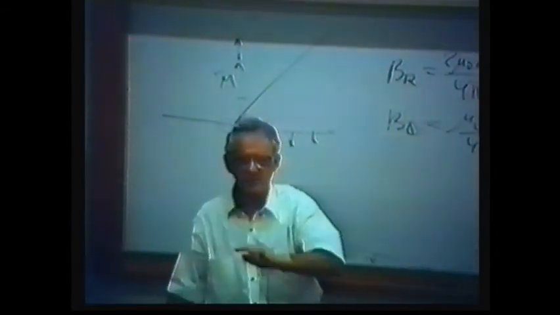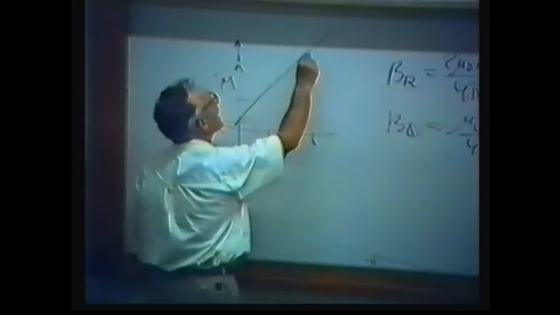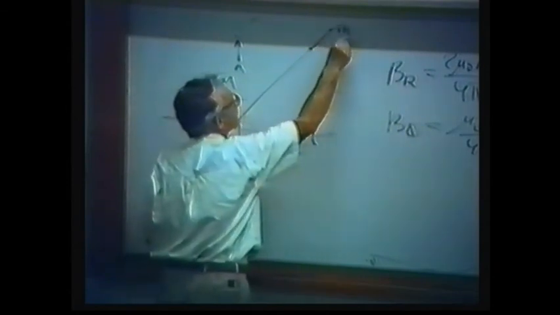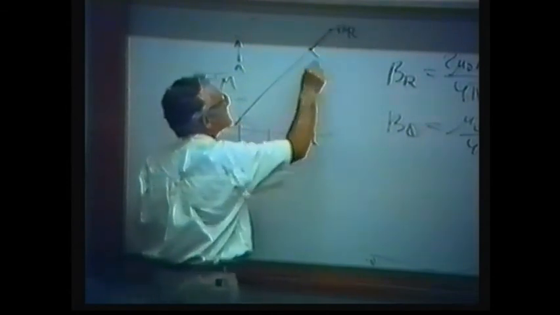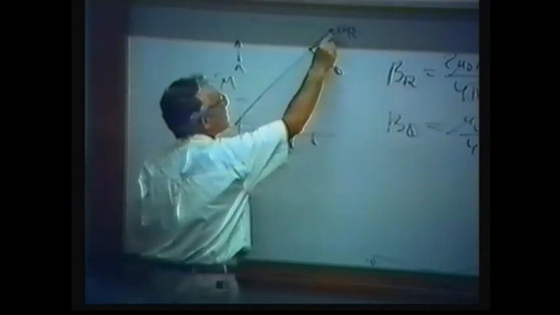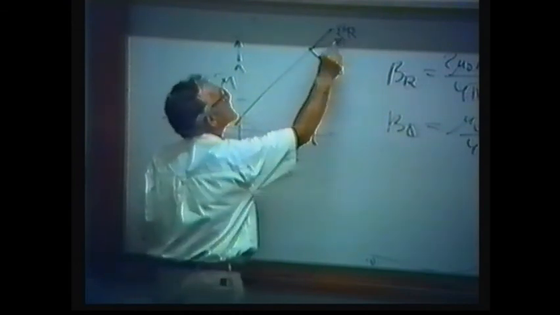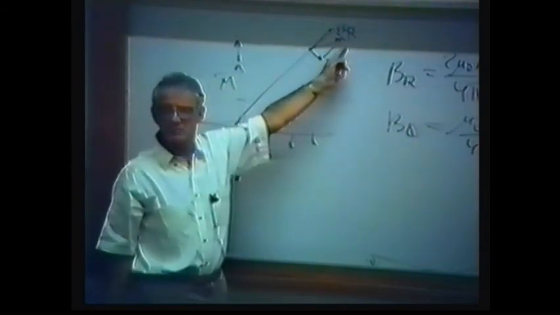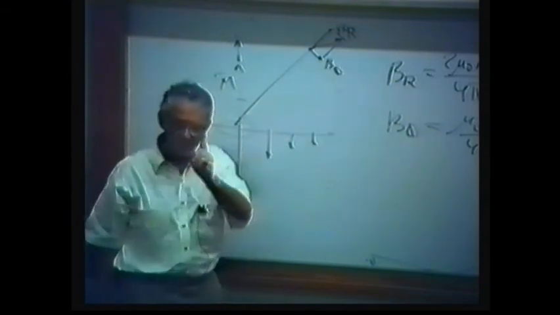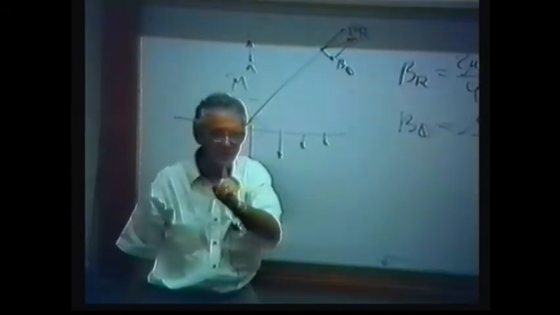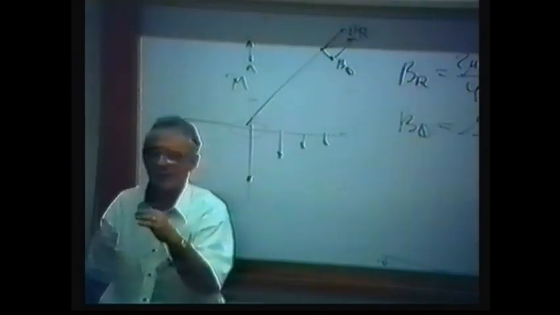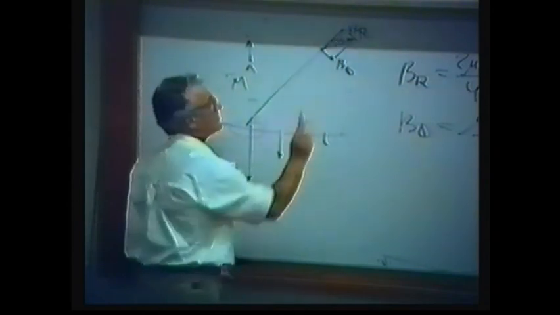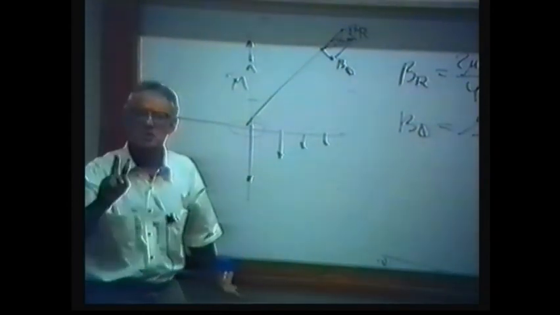Understandable? Because theta remains the same. Now, a more difficult question. Tell me, please. I take an arbitrary point. That's BR. That's B theta. Is it correct if I write that's the direction of the total vector? True? Now, very important. If you understand it, you would tell me about paleomagnetism. Now, let us call it angle alpha. Question.